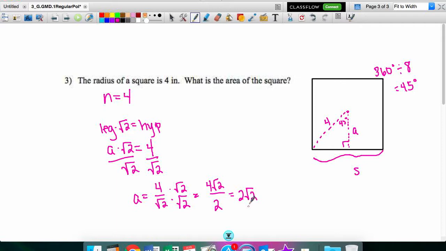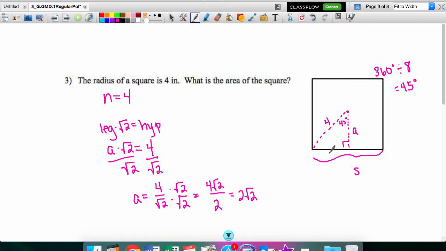Great, so we have our apothem, our number of sides. The only thing left is to find the side length. So the side length is actually not part of this triangle, but half of the side length is. It's the other side. The other leg in a 45-45 should match the apothem.